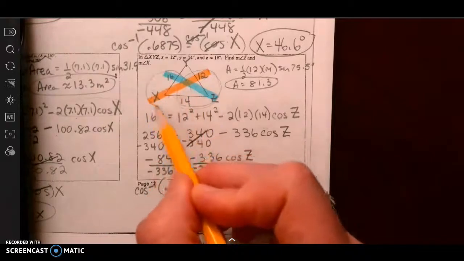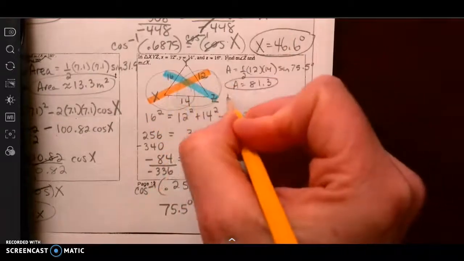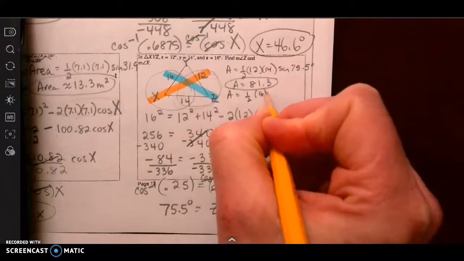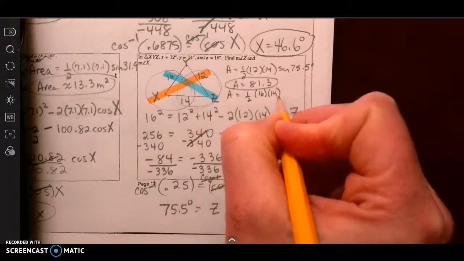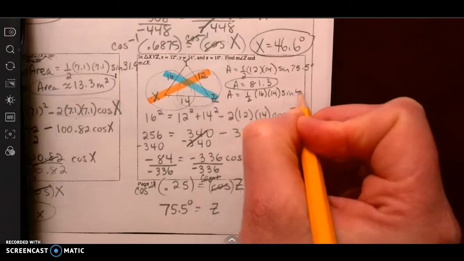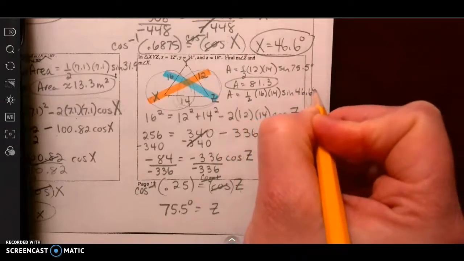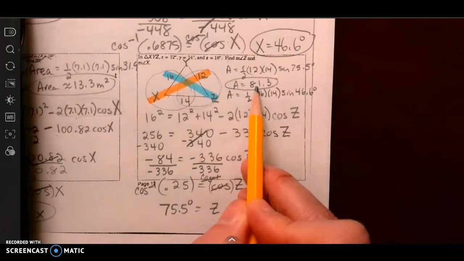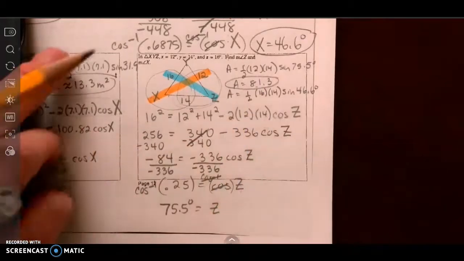What I want to see is, do I get the same thing, because I also know angle X. What if I used this corner of the triangle? Area equals 1/2 times 16 times 14 times the sine of 46.6. We should get close to the same thing. Not going to be exact because these are both approximates.